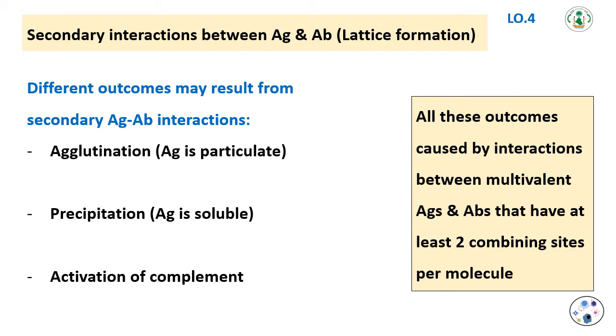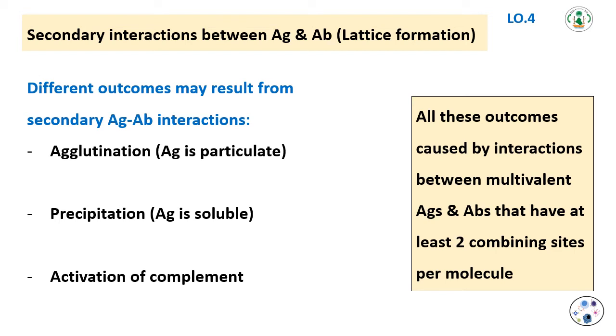Precipitation is a process where soluble antigens bind with their specific antibodies at an optimum temperature and pH, resulting in the formation of an insoluble precipitate.